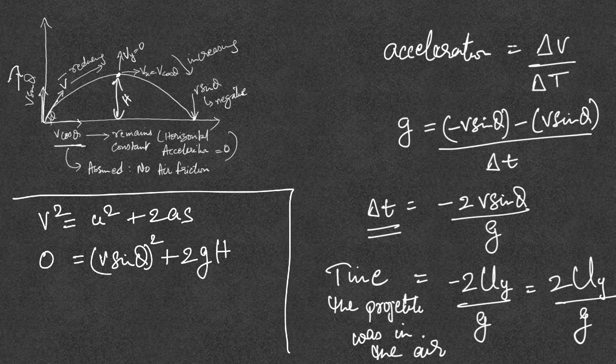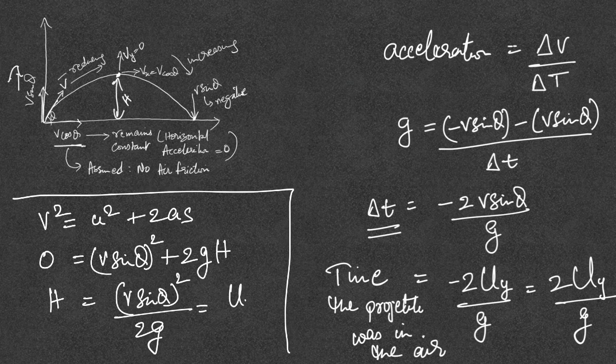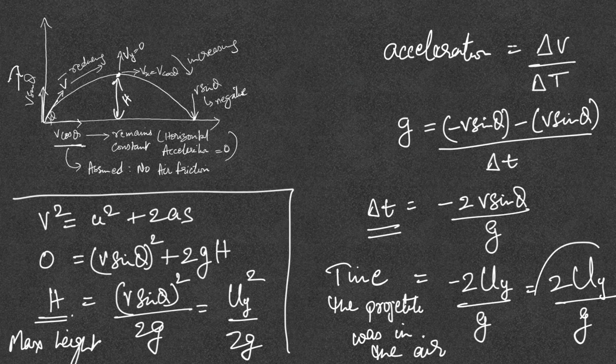So if I were to move h on that side, what I will get is v sine theta square divided by 2g. Okay, and v sine theta, as I said, is the vertical component of the velocity, square upon 2g. So in this way you can also calculate the highest point, or the maximum height. This is the max height of the projectile, and using the earlier formula you can find out the time the projectile remains in the air.